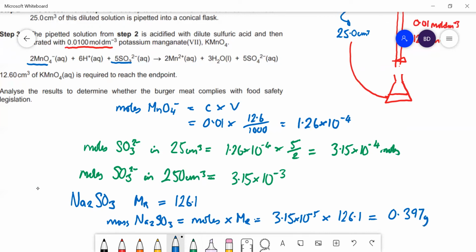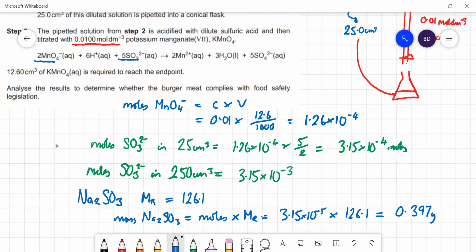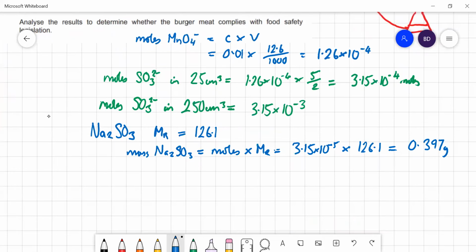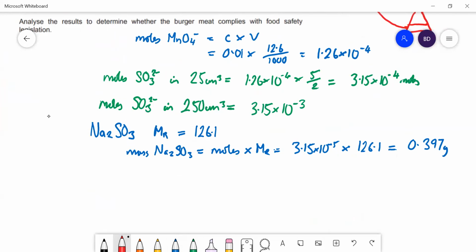Right, that came from how much meat? That came from 525 grams, okay? So we've got 0.397 grams in 525 grams of meat.